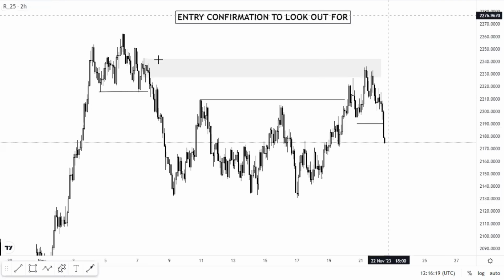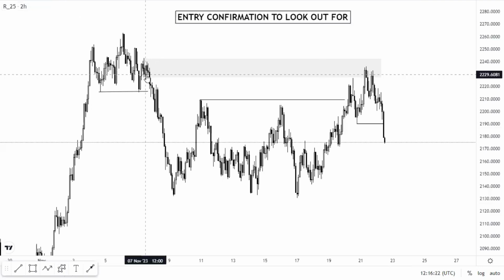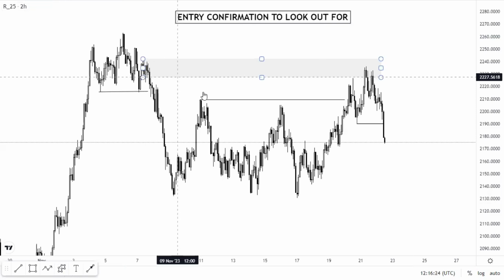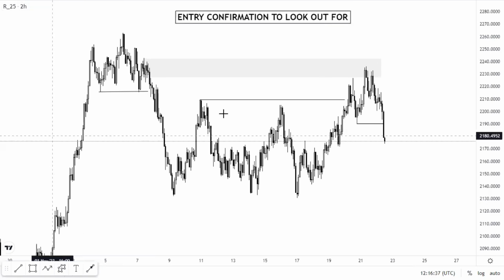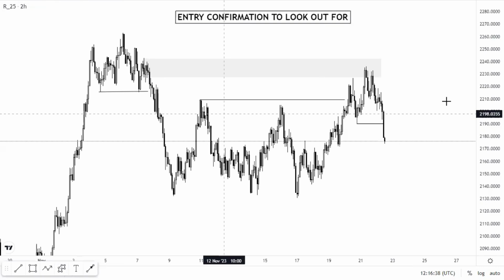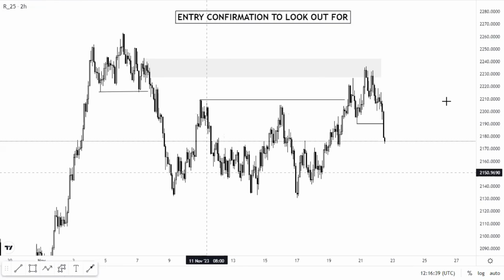I marked out this particular PO high some days back, and I was expecting market to get there. If you are a consistent student of my YouTube channel, you're going to notice that we had inducements, we had manipulation here, and every other thing. Then our structure base and everything. You will know the reason I marked this place out as my PO high.